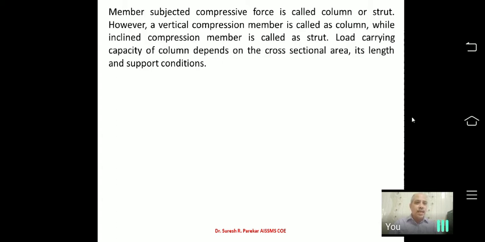If the member is a vertical compressive member, then it is known as a column, and if the member is inclined, then it is called a strut. The load carrying capacity of this column or strut depends on the cross sectional area, its length and support conditions.